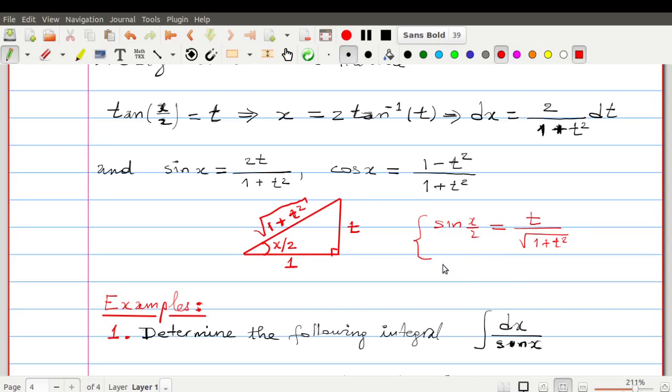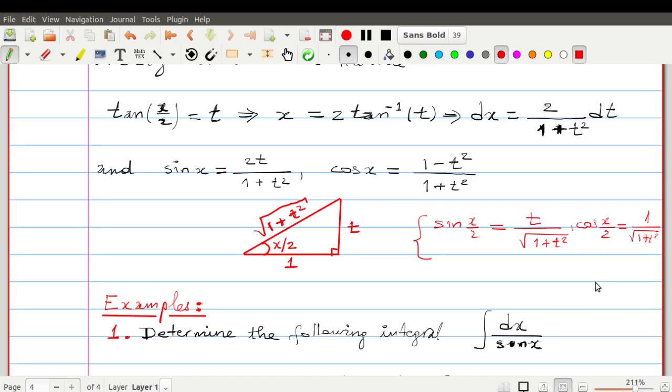And for the cosine, it will be adjacent, that's 1 by the same thing. So cosine x by 2 will be 1 by square root of 1 plus t squared.